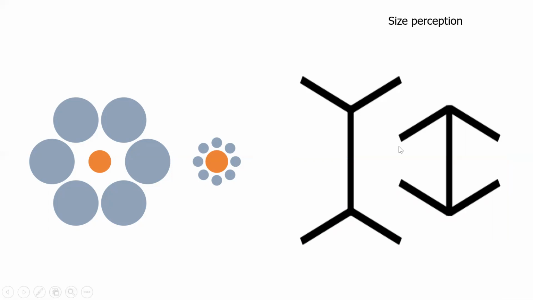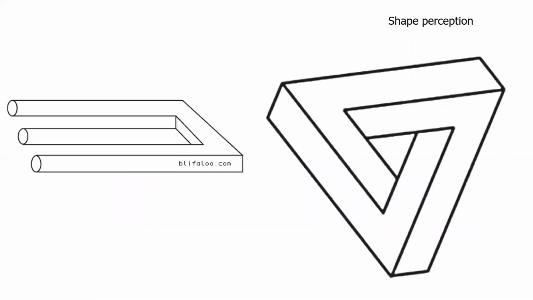Similarly, both the lines in the right images are of the same size. Next example, even further: if you look into this image, can you figure out where this image begins and where this image ends? Probably not.